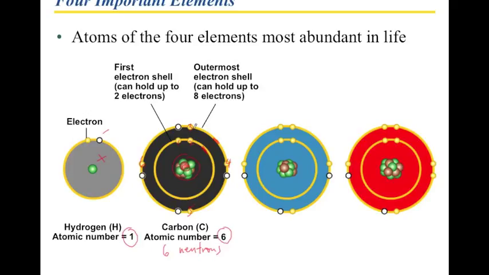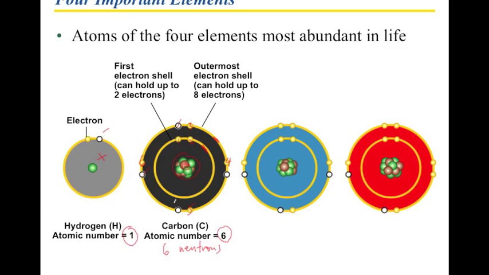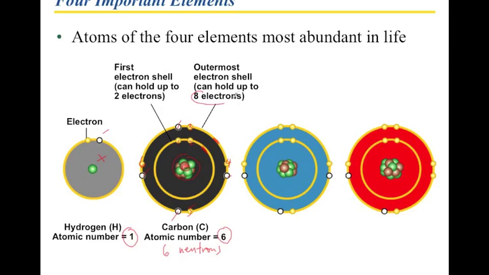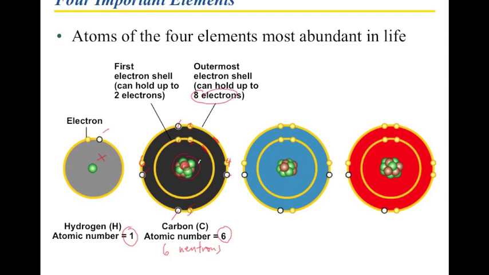In this case, that is the outermost shell of the carbon atom. And it has 4, but it can actually hold more. See, here's an empty place, here's an empty place, here's an empty place, and there's an empty place for a total of possible 8 electrons. So the outermost shell in these atoms can actually hold 8 electrons.